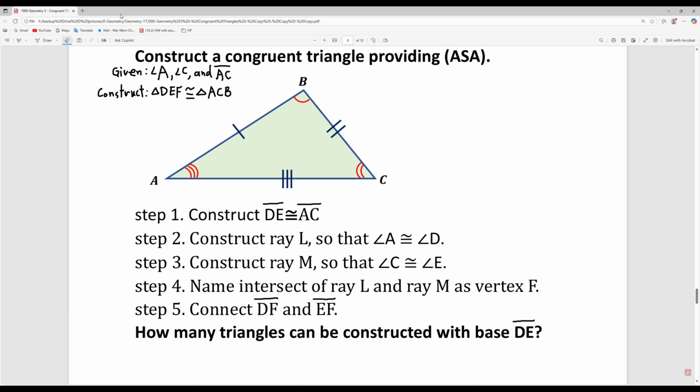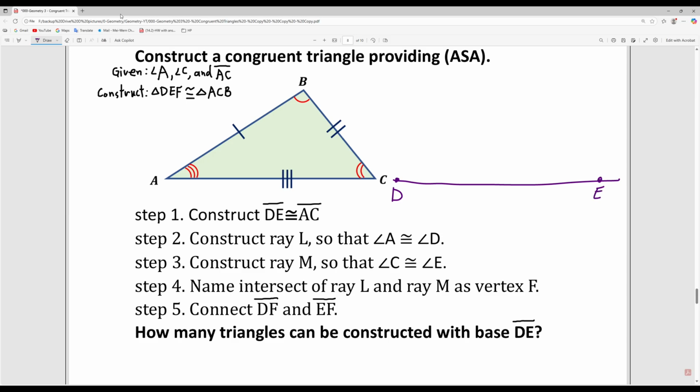First, we have to draw DE equals to AC. DE equals to AC. So that's step 1.